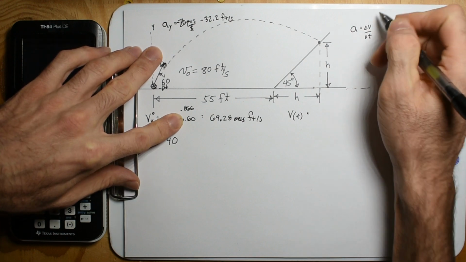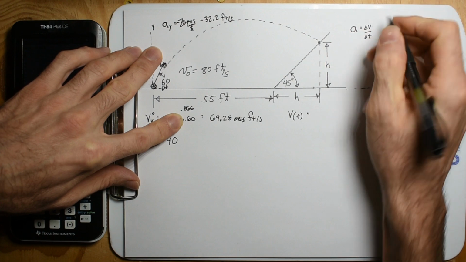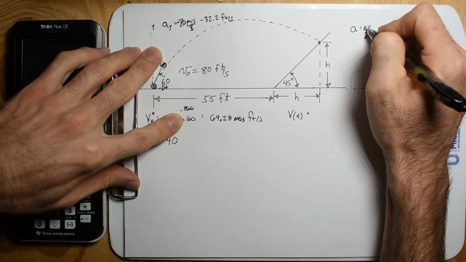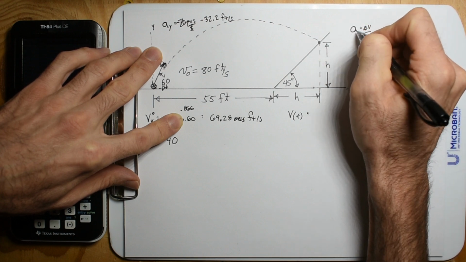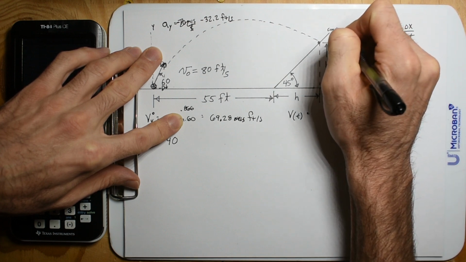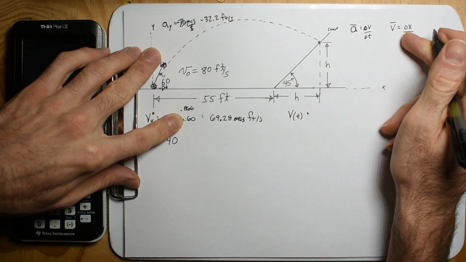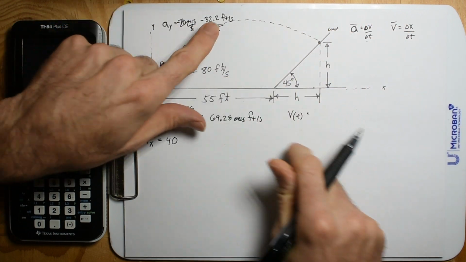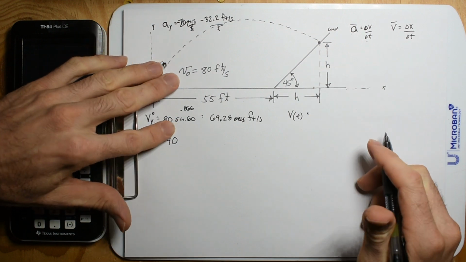If you take some big chunk of time, this is going to be my change in velocity. This equation is only accurate if acceleration is constant or if it's the average acceleration. Same thing here. And gravity is a constant. It doesn't change as long as you're close to the surface of the Earth.